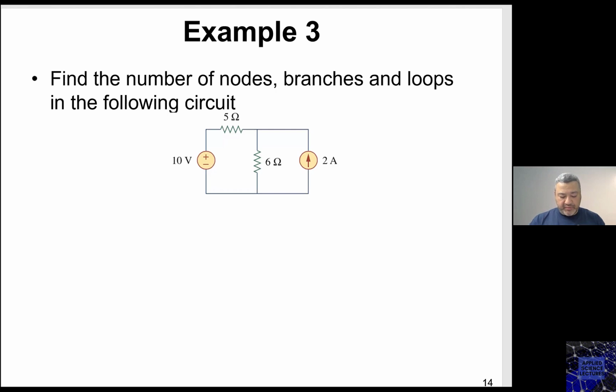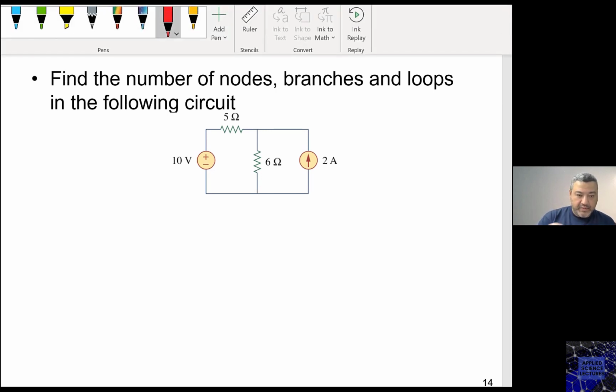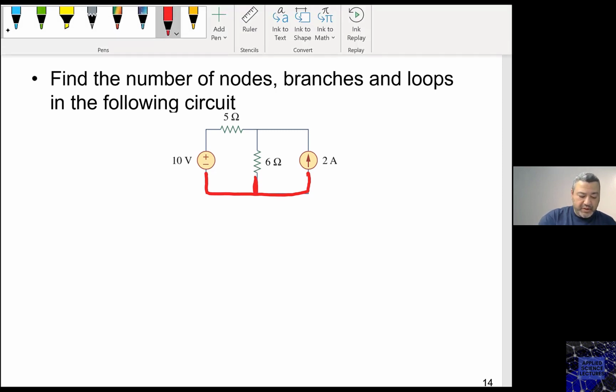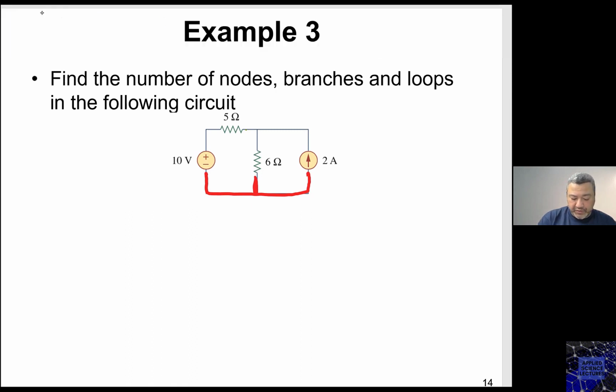Okay, so let's do this example. We have here this circuit. We need to calculate the number of nodes, number of branches and loops in this circuit. So if I take this to be as one node and this one to be my second node, then I have this one as my third node.